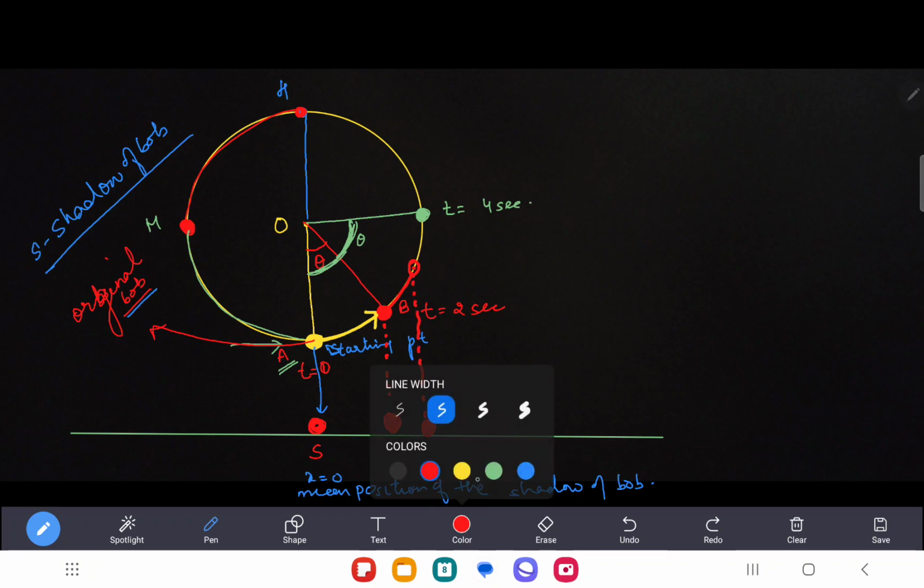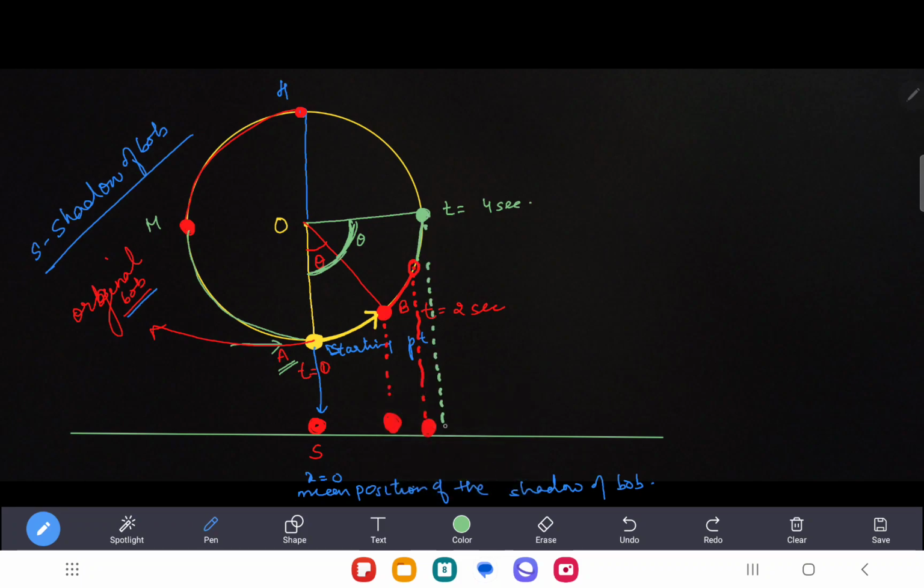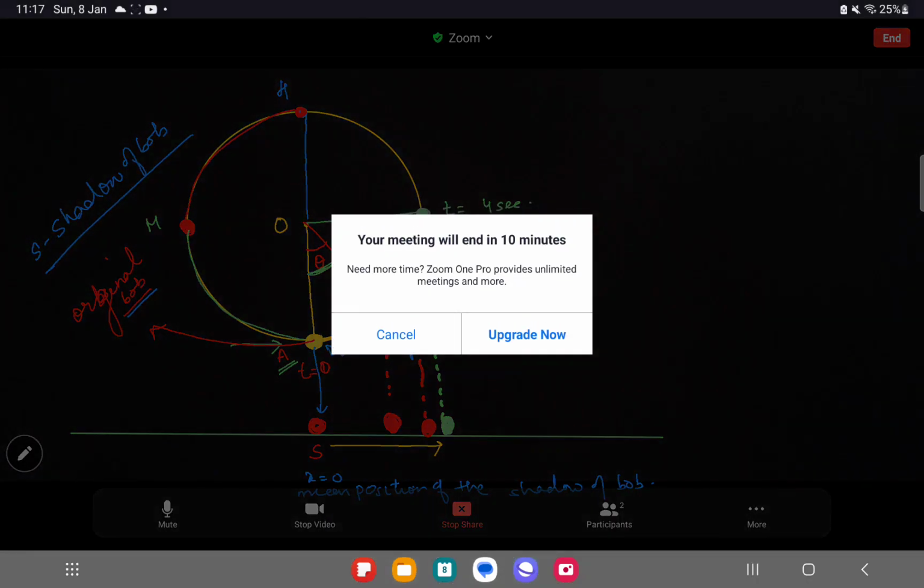And if the bob goes to the green position finally, the shadow goes here. Understood or not? So where is the shadow moving initially? The shadow is moving initially towards the right. Yes or no? Any doubts in this?